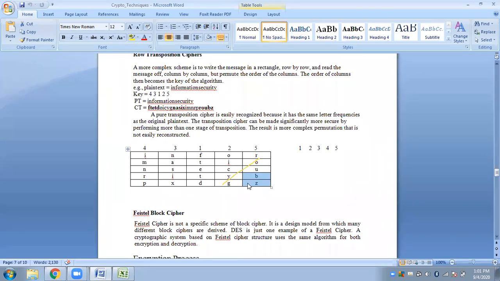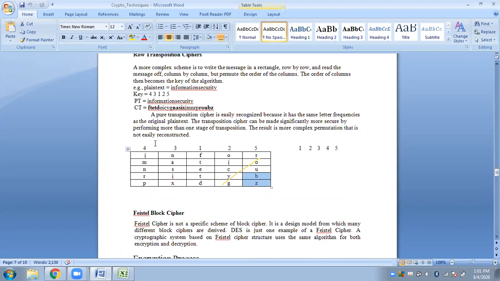Now, as I said, this is rearranging. Transposition means you are rearranging the order of bit positions. Here we are not substituting or replacing the alphabets by some other alphabet; we will simply rearrange the positions.